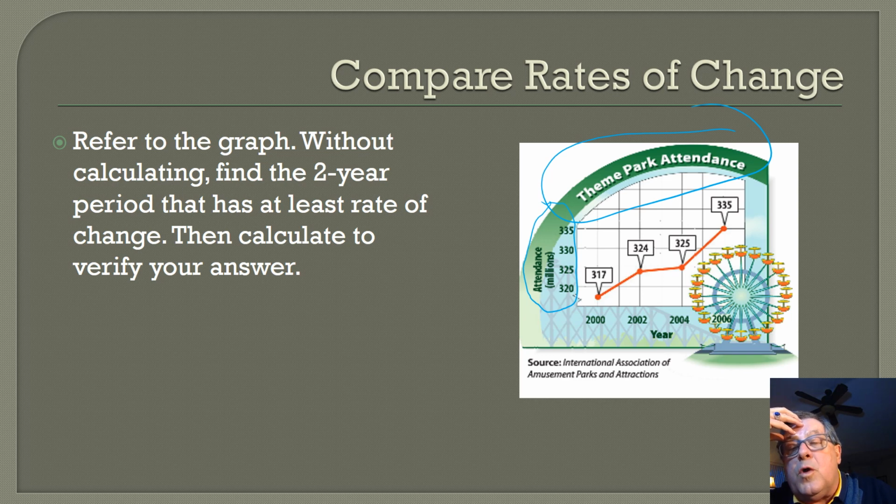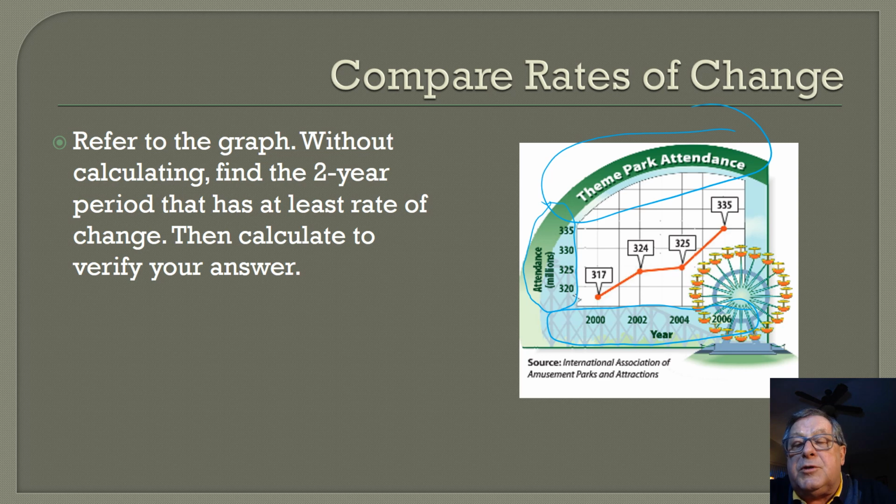Starts at 320, goes up to 335 million. And down here on the horizontal axis, or the x-axis, we see it expressed in years. So we got 2000, then we got 2002, 2004, and you barely can see it for the Ferris wheel, 2006.